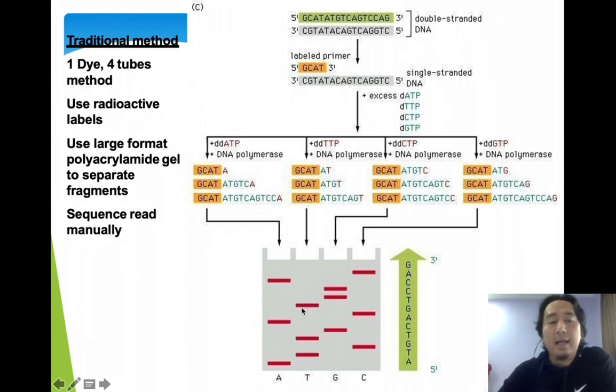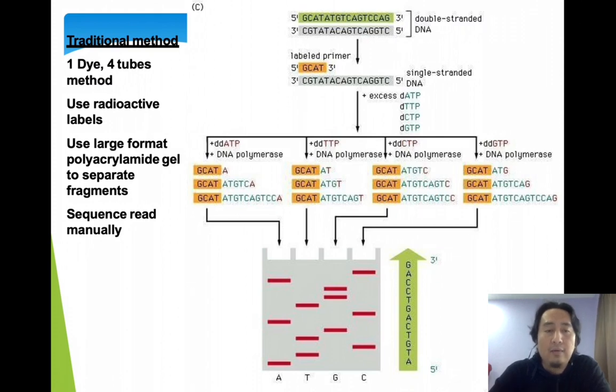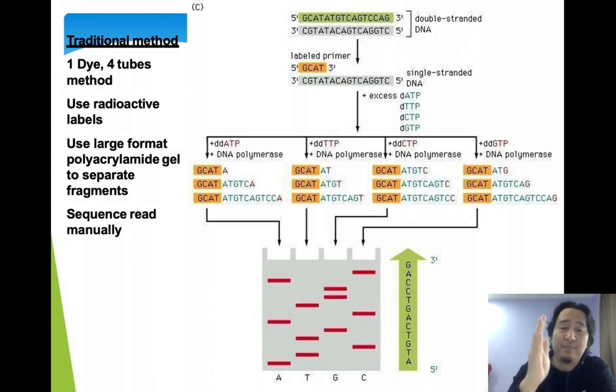Then how you need to read the sequence manually. In the Maxam-Gilbert method, you read directly.